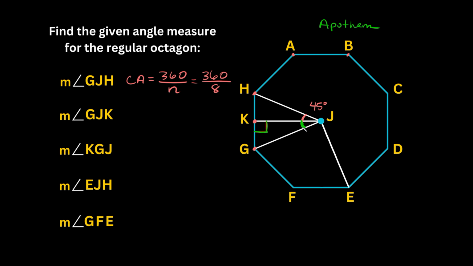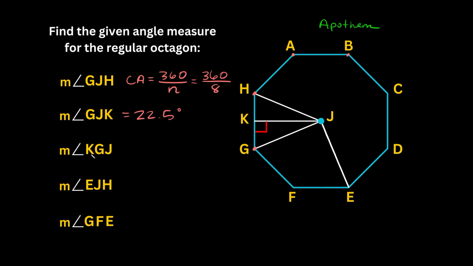So that means this green angle is the same as this little red angle. If we know that this whole angle is again 45 degrees, well, half of 45 is 22.5. So that means this one up here is 22.5 degrees, and it also means that this little green one right here is also 22.5 degrees. So the measure of GJK is equal to 22.5 degrees.